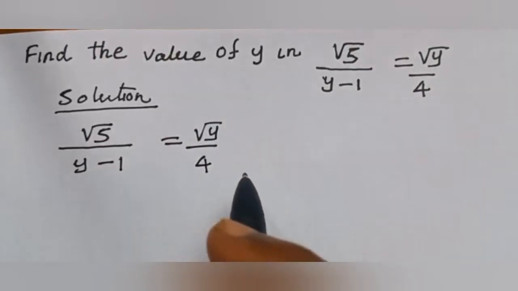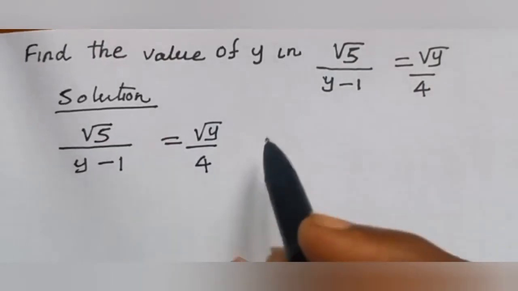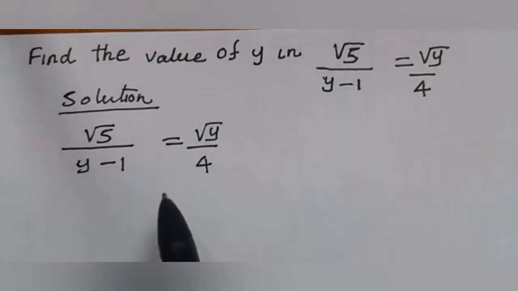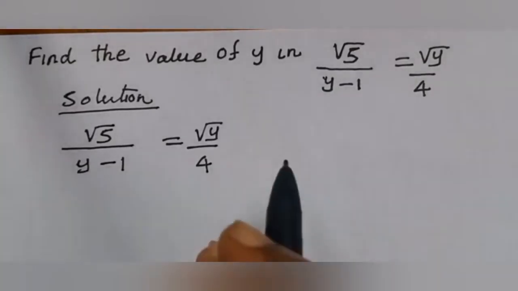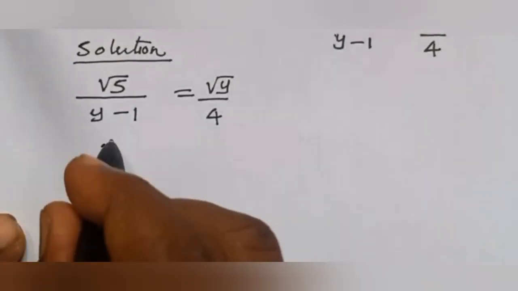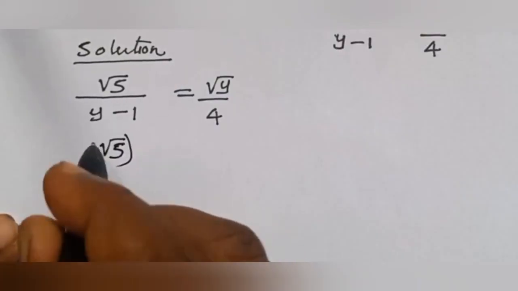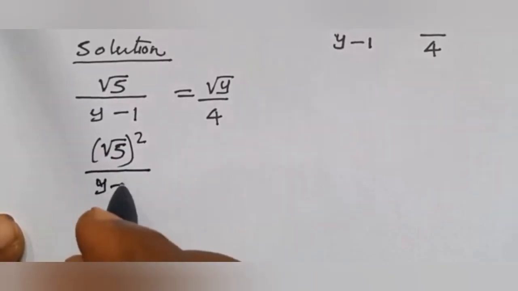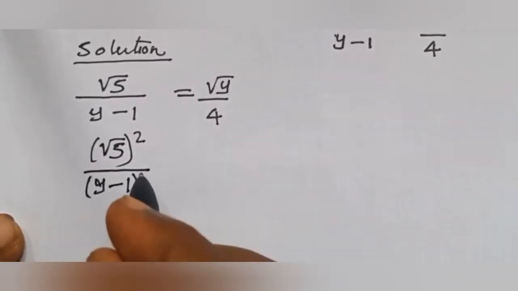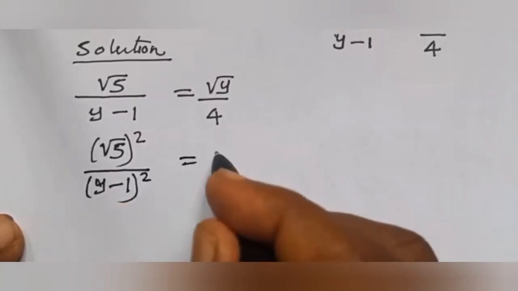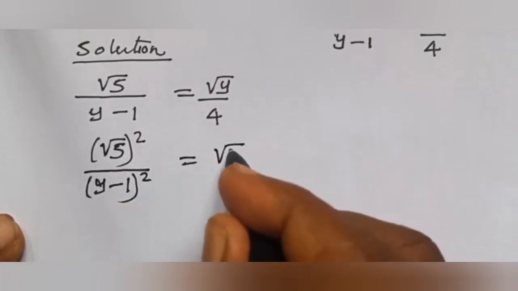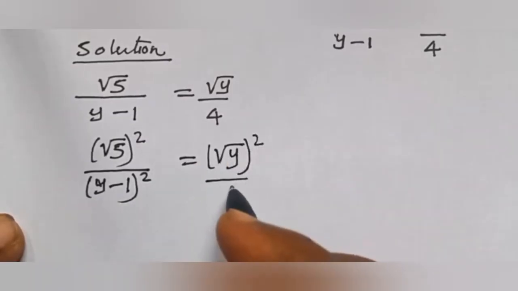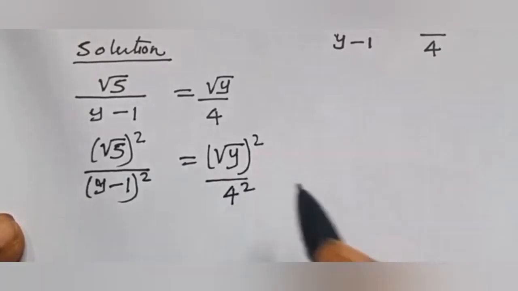In this case here, let us remove the radical sign. How do we remove the radical sign? Square both sides of the equation. So we have root 5 in the bracket squared over y minus 1 in the bracket squared equals root y in the bracket squared over 4 squared.